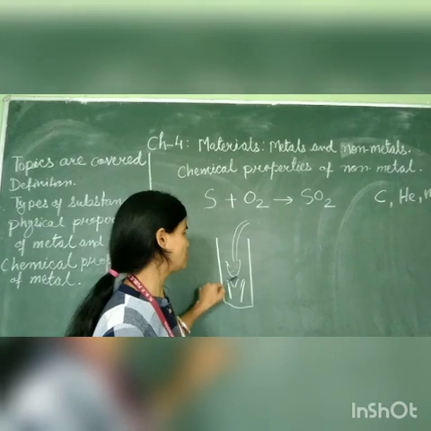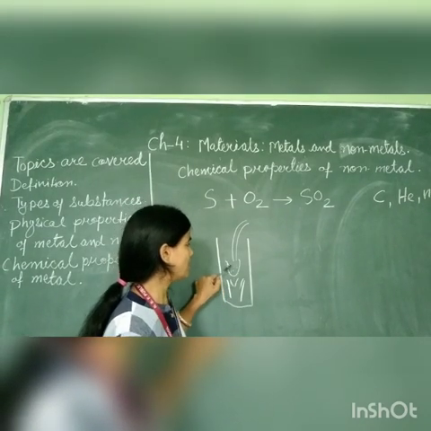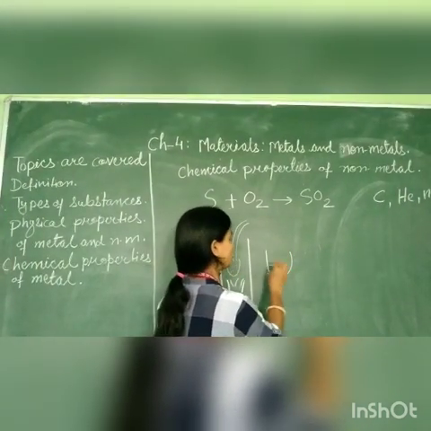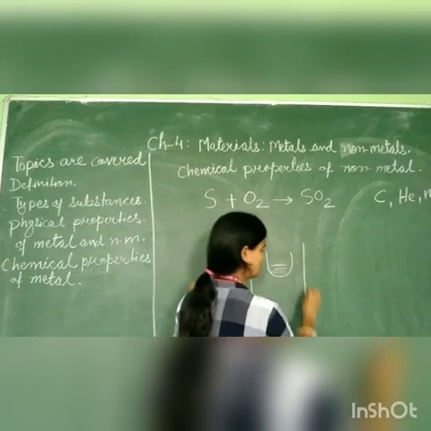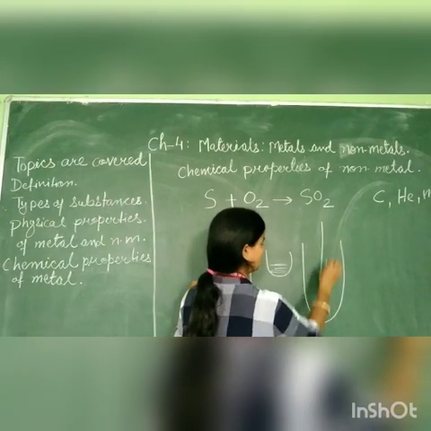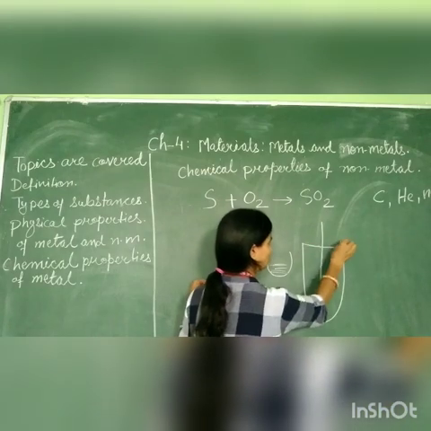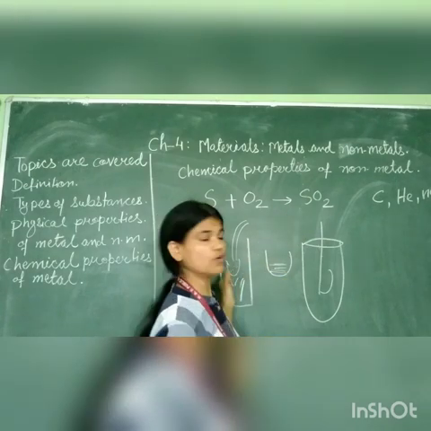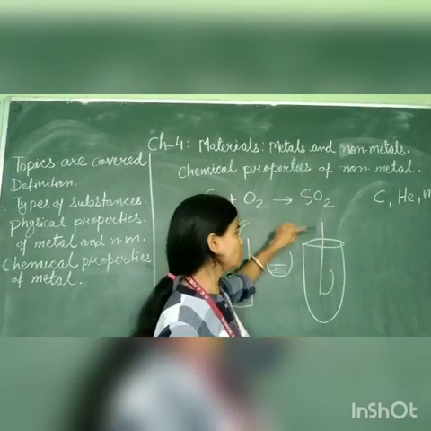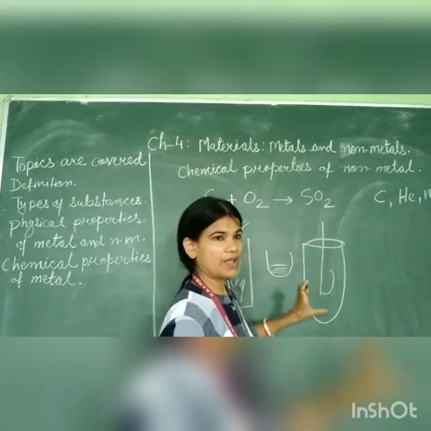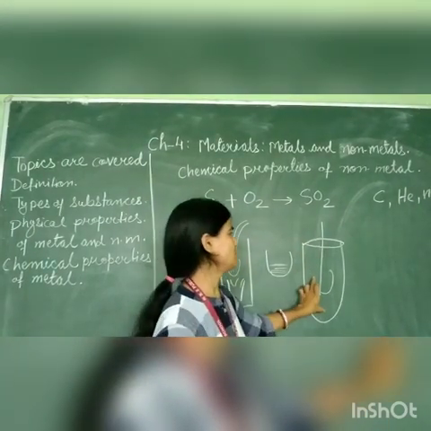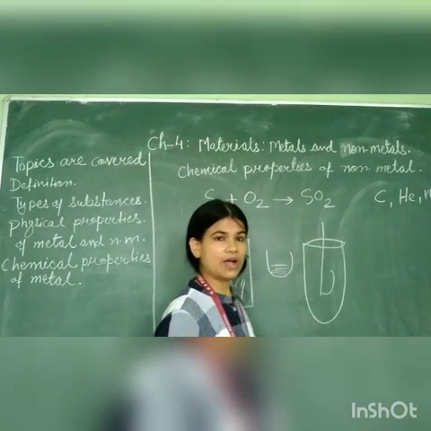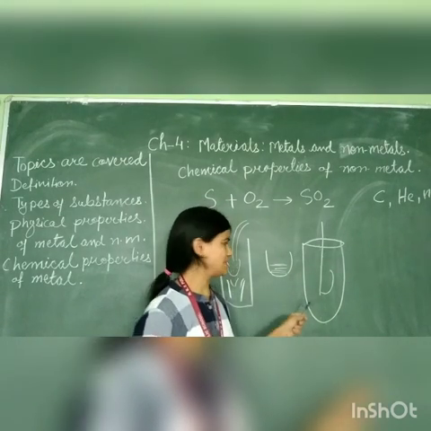We will put this molten sulfur into another jar and close the lid. If the lid is open, the gas will be released and make our environment poisonous. So we close the lid and shake the jar. After some time, this jar will be full of sulfur dioxide gas.